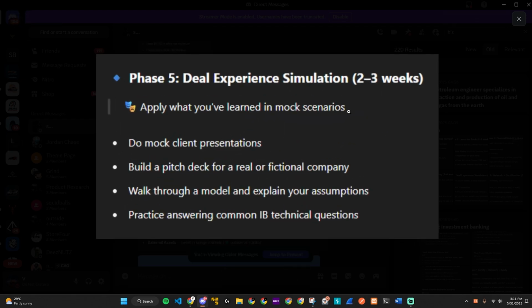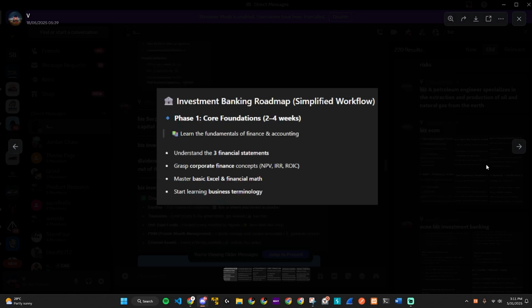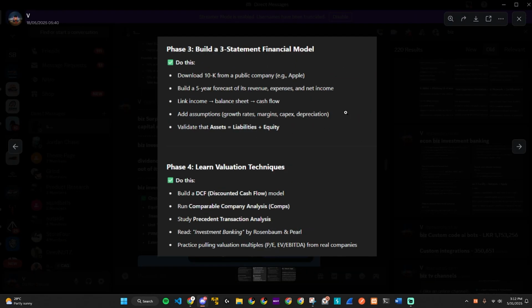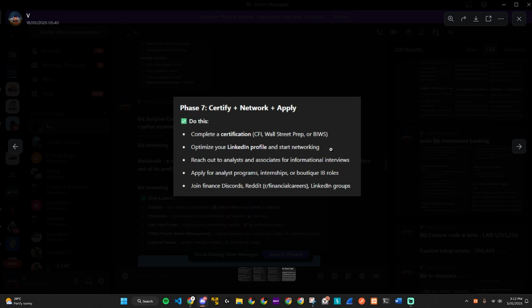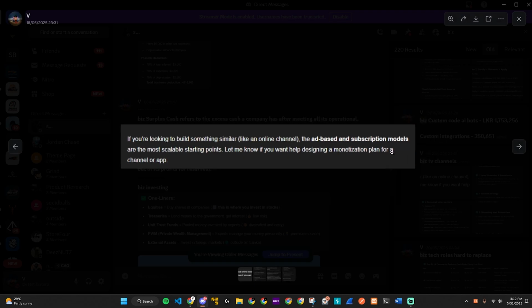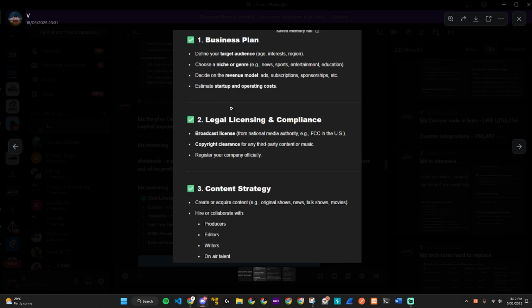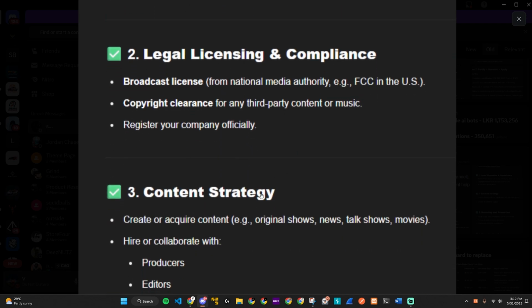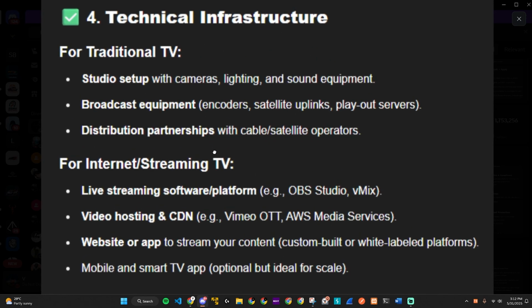Once again, if you want to take a look at it. And if you want to take a look at this slide as well, as you can see. And certify, okay. Subscription models. Licensing and compliance. Business plan. If you want to take a look at this. Legal license and traditional TV.